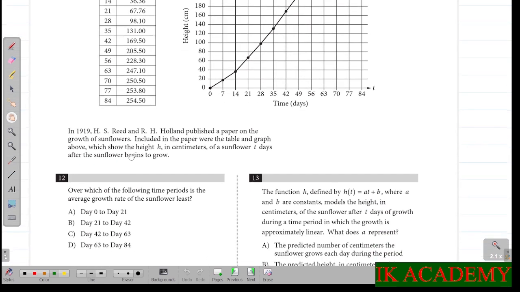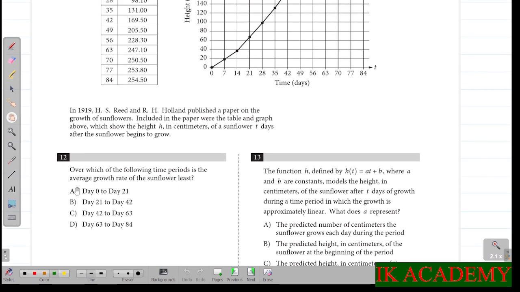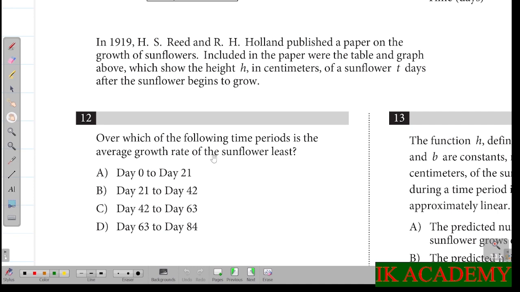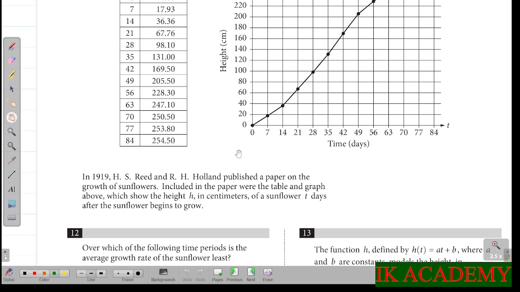So the question is, over which of the following time periods is the average growth rate of the sunflower least? We are given four options: day 0 to day 21, day 21 to day 42, day 42 to day 63, and day 63 to day 84. So we want to find when the growth rate of the sunflower is least. The average growth rate is the slope of the line segment that joins the points on the graph in certain time periods.